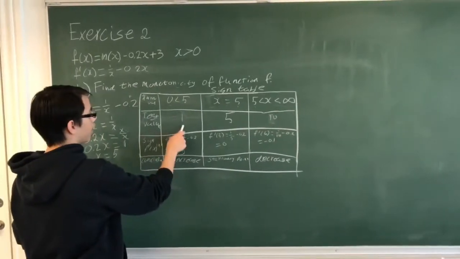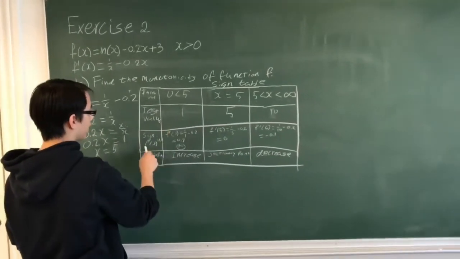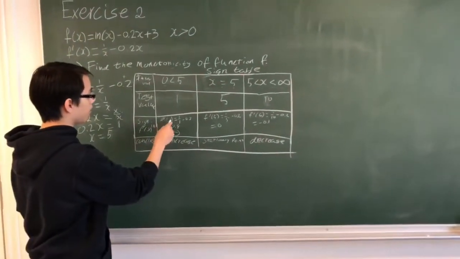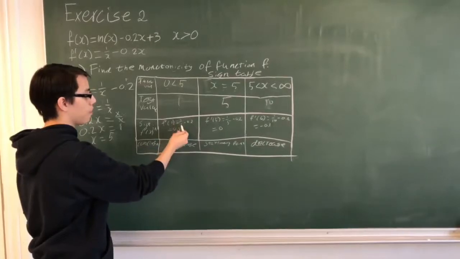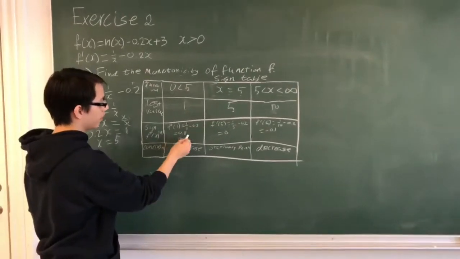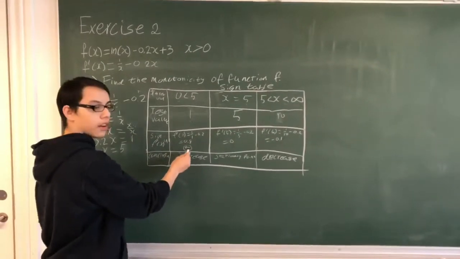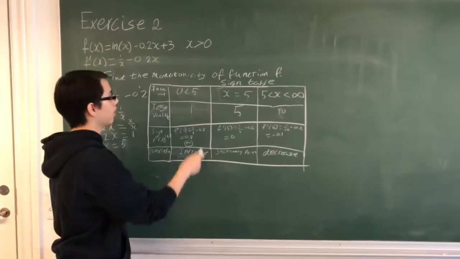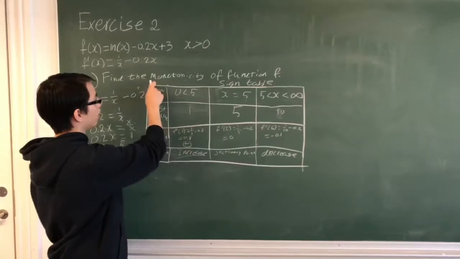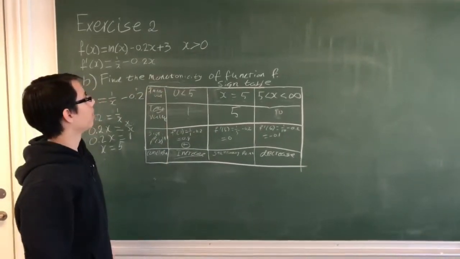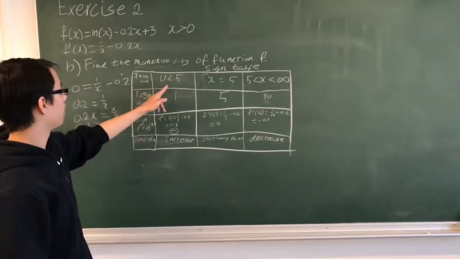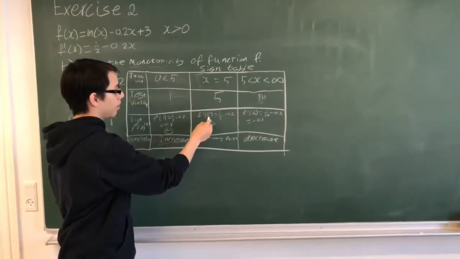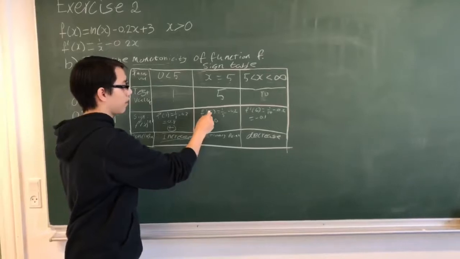So we put in the test value of 1, and we sign it into f dash of x. So f dash of 1 is equal to 1 over 1 minus 0.2, which is equal to 0.8. This is positive, which means we have a positive monotonicity at this interval.